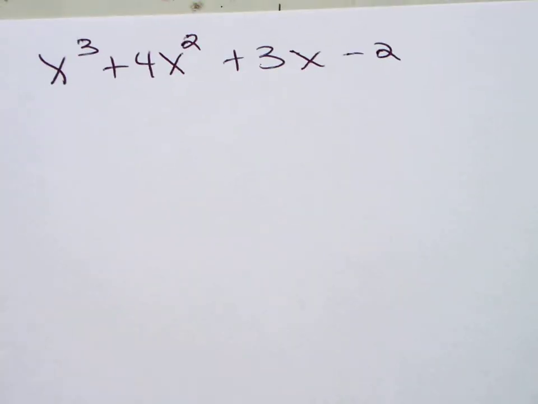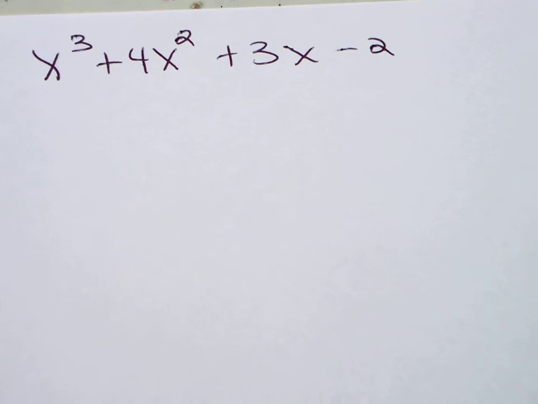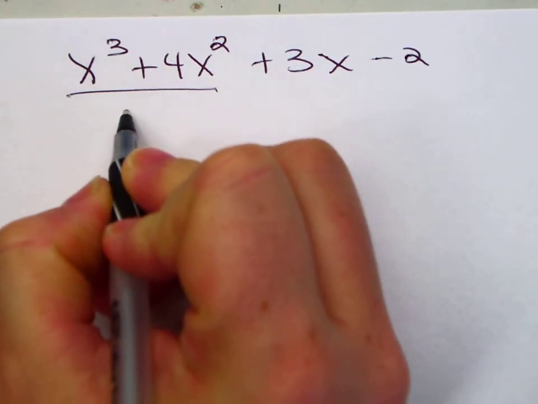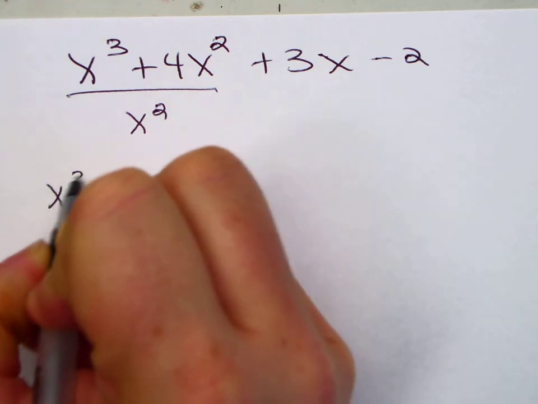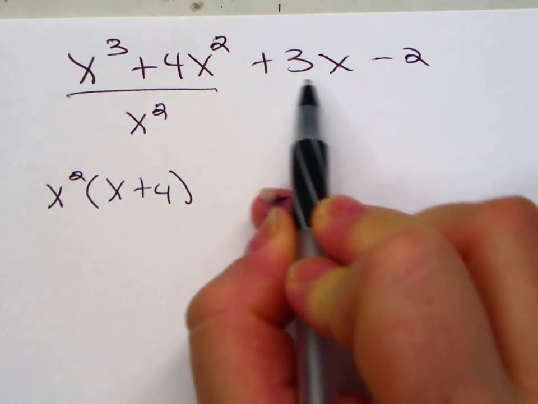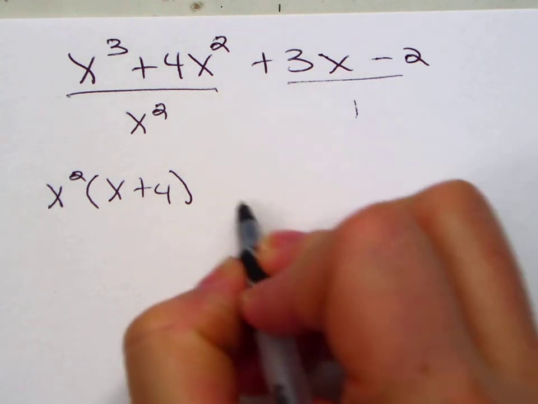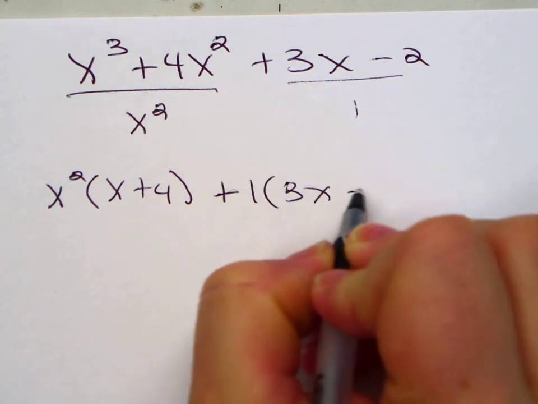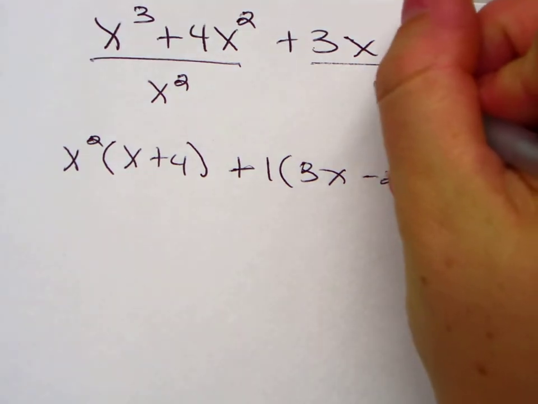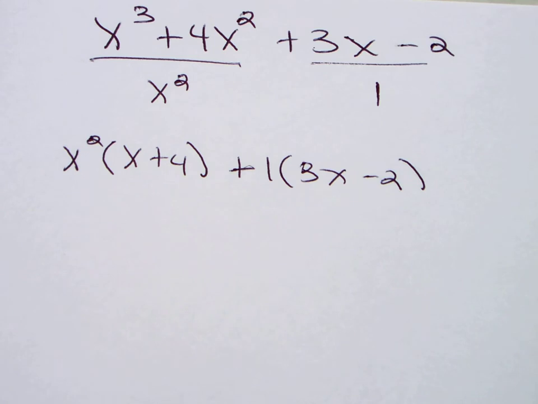Because if you can factor, you really don't want to do guess and check. The first two, the GCF is x squared, and you're left with x squared times x plus 4. The second two, there is no GCF, so it's 1. The parentheses are not the same, so it's not factorable. We don't have a method to actually factor this.